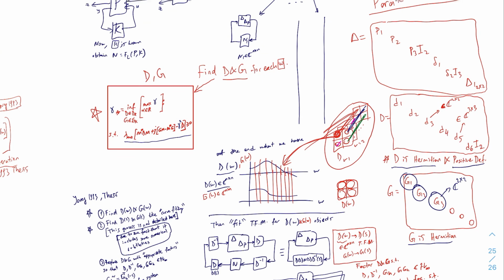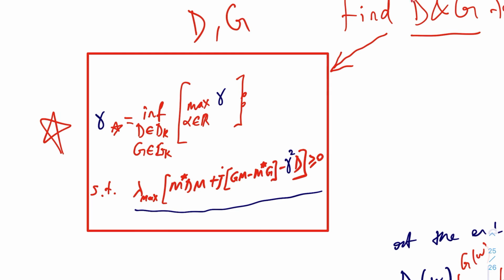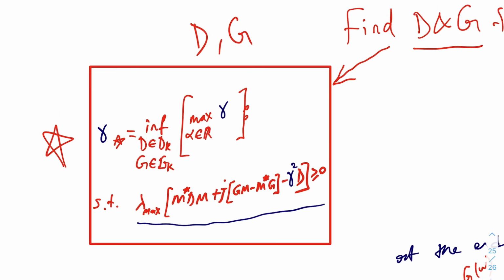So that's the parameterization of how you would parameterize D and G. When you are using this formula to solve that, you also need to impose those parameterization constraints on the D and G decision variables. Well, I just wanted to make this clear.